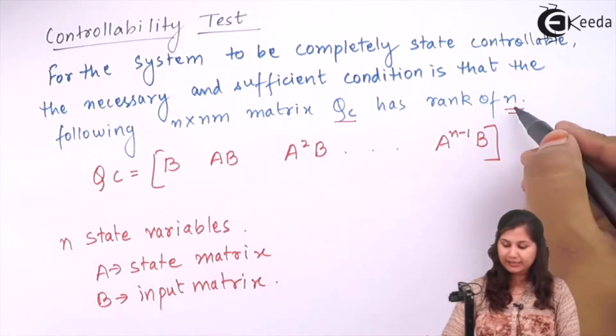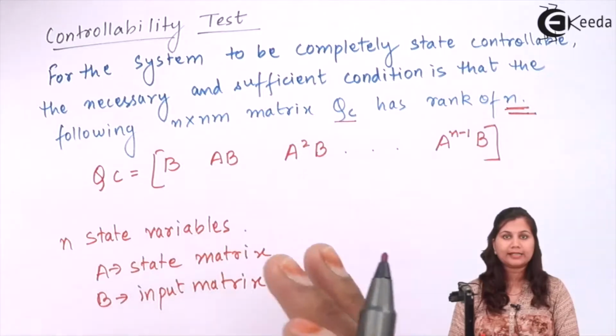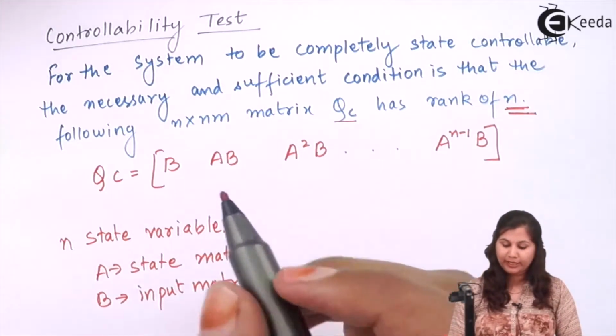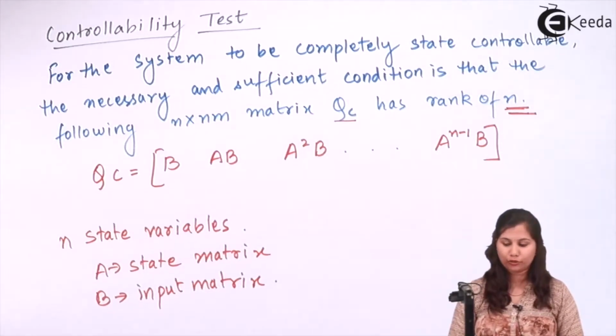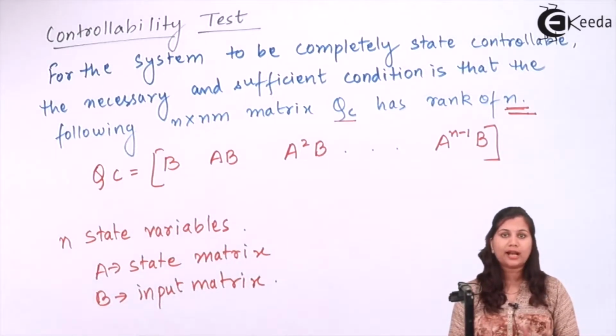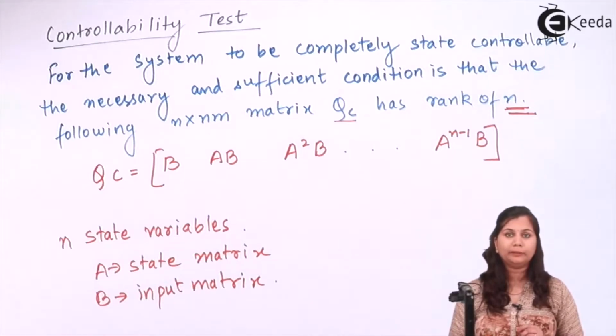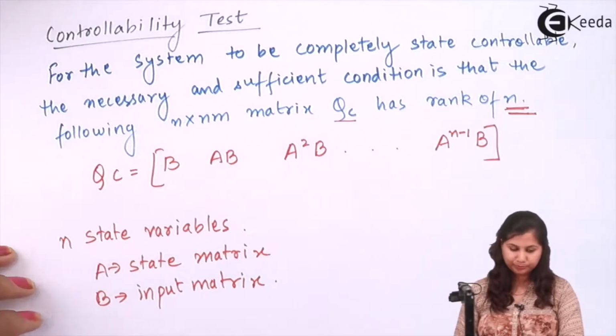If its rank is equal to n, that is the n state variables, then this system is said to be completely state controllable. Okay, so this is how we can determine the controllability of a system.